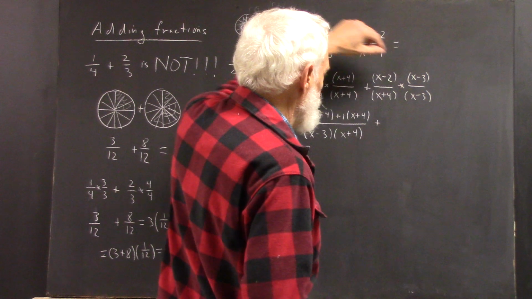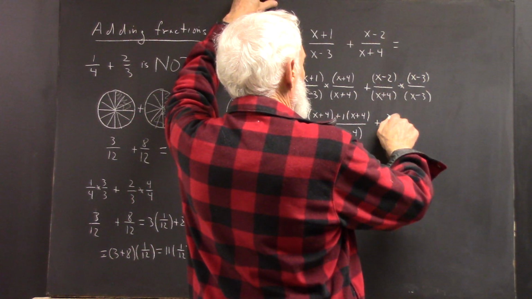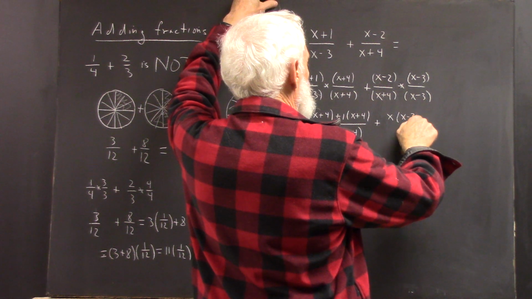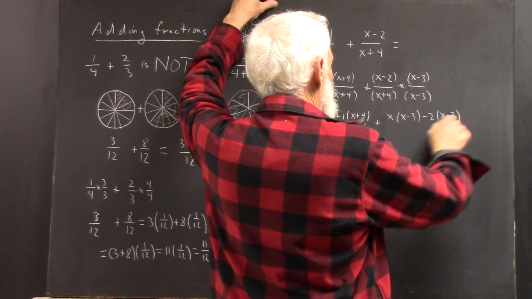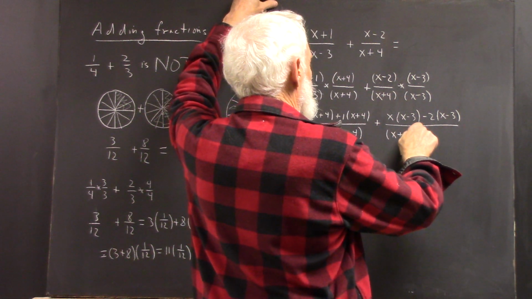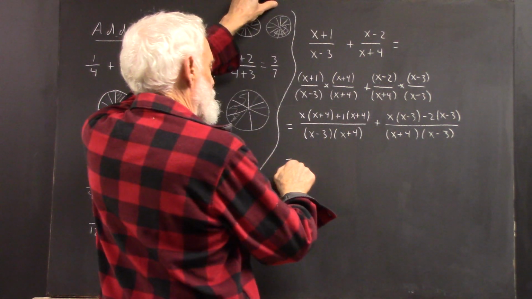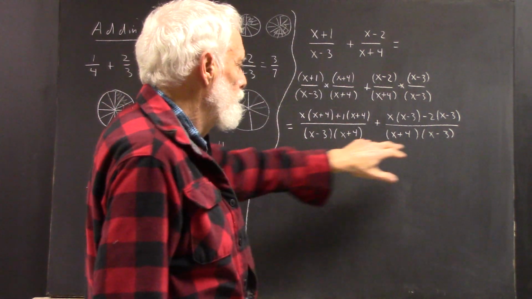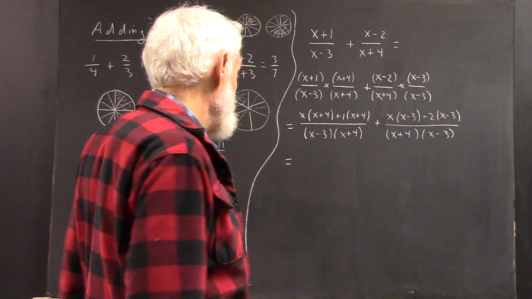And adding the second one, (x minus 2) times (x minus 3) by the distributive law is x times (x minus 3) minus 2 times (x minus 3). And that's over (x plus 4) times (x minus 3).